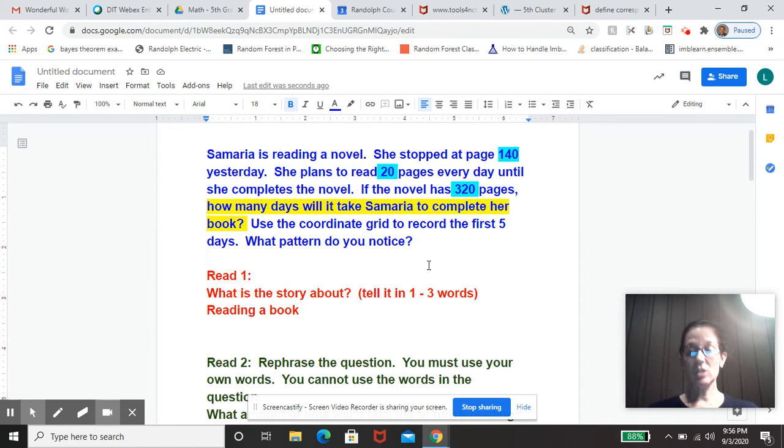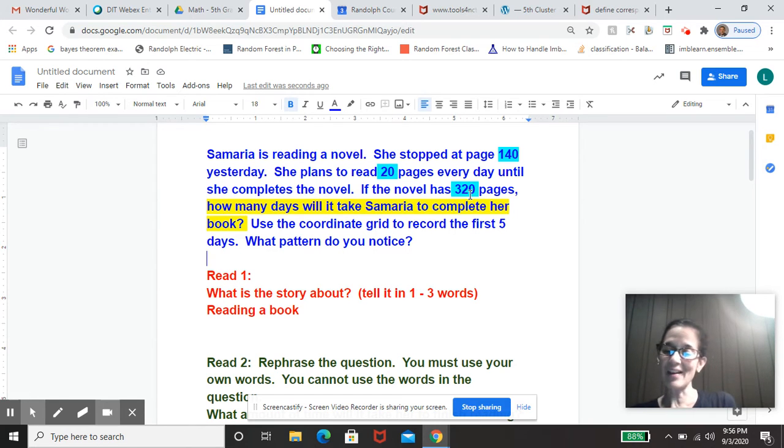Well, she's already read 140 pages, and she's going to read 20 pages every day until she finishes, and she has to get to here. So I think they connect because she's already done 140.